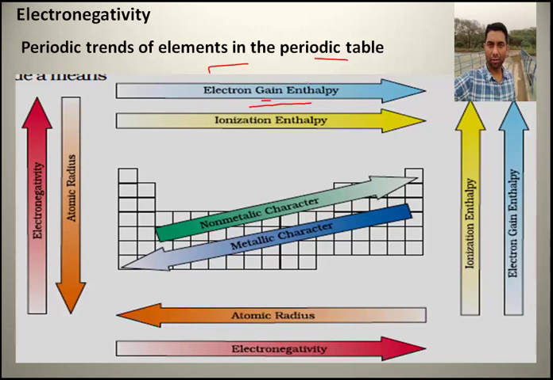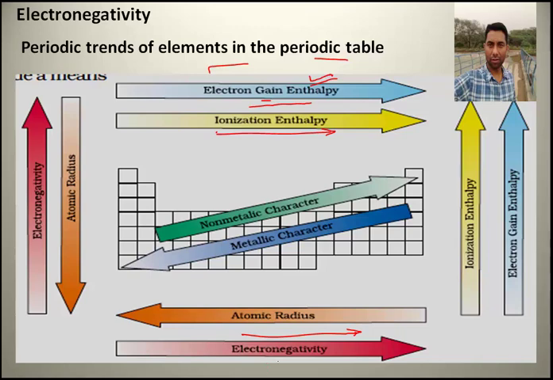goes on increasing in negative as we move along the period or across the period. In the same manner, ionization enthalpy also goes on increasing along the period or across the period. And in the same manner, electronegativity also increases.